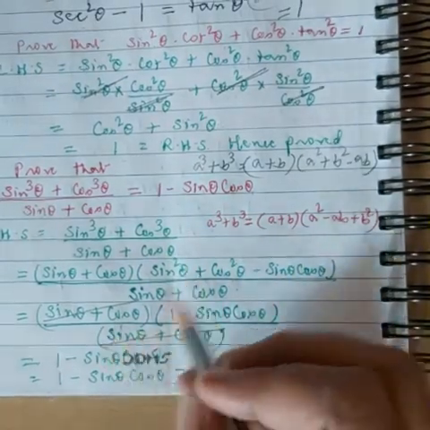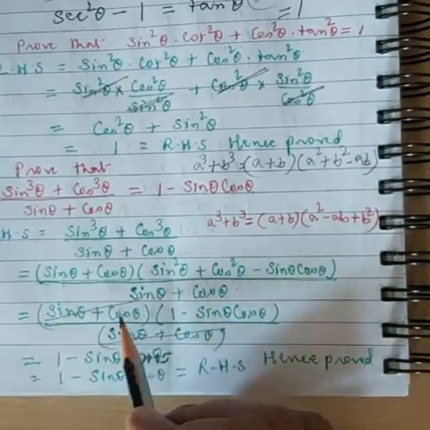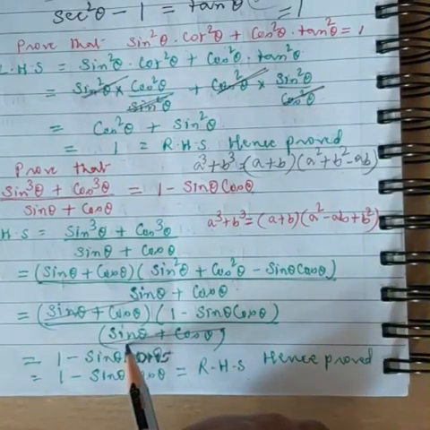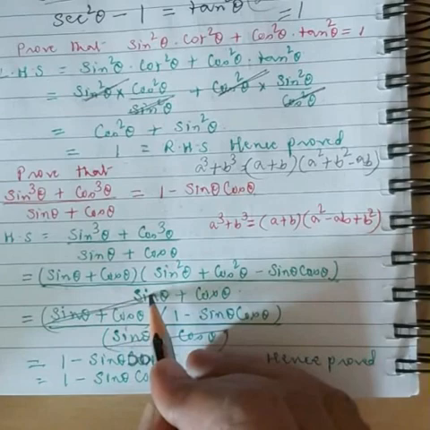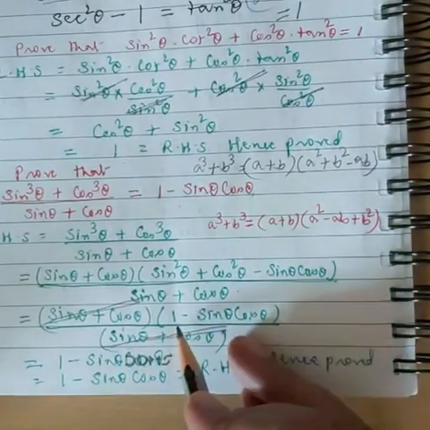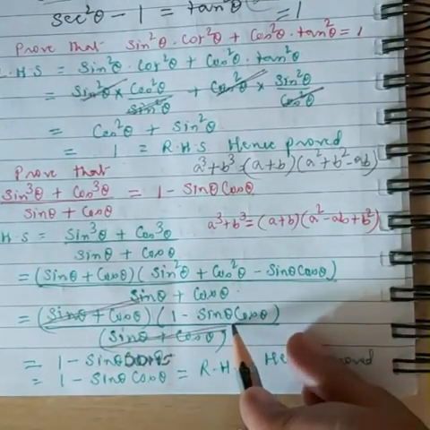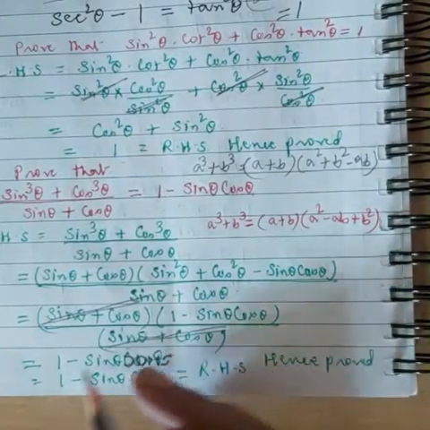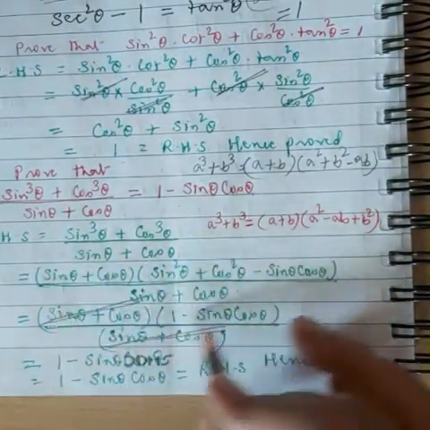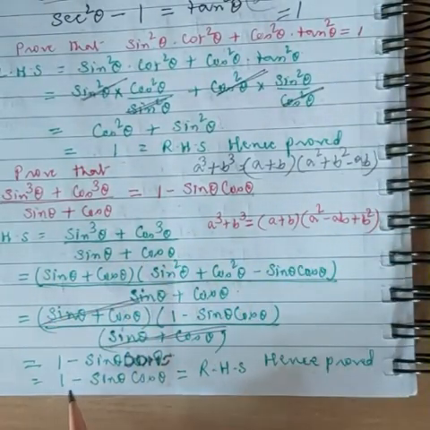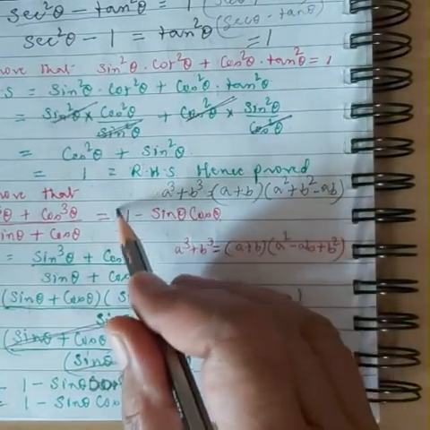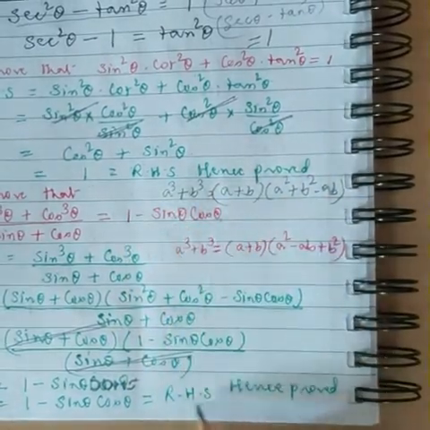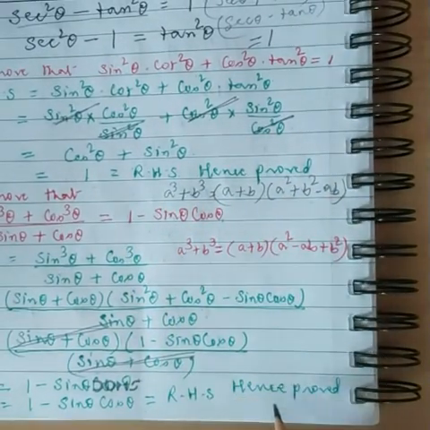Now see that this sine theta plus cos theta and in the denominator sine theta plus cos theta will be cancelled. You can easily cancel this one. So what is remaining here? 1 minus sine theta into cos theta. Therefore, this whole expression is equal to 1 minus sine theta into cos theta, which is equal to the right hand side. See here, the right hand side is this one. So which is equal to right hand side. Hence proved.